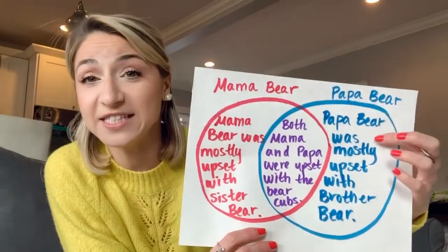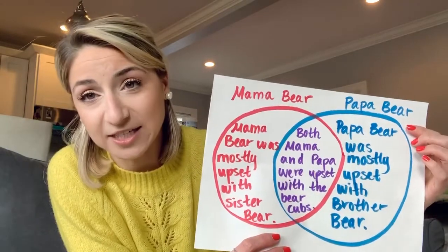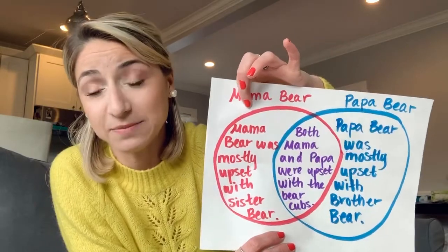Okay. And I've capitalized the first letter in both of their names because names get a capital letter. And you can see I wrote it on this side of the Venn diagram because this is true for only the character Papa Bear. It's a difference between Papa Bear and Mama Bear.